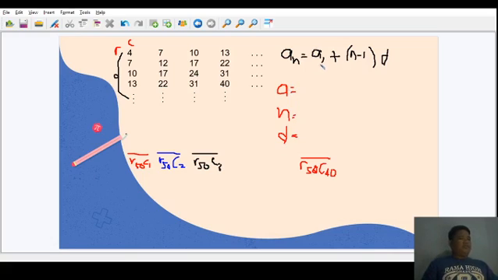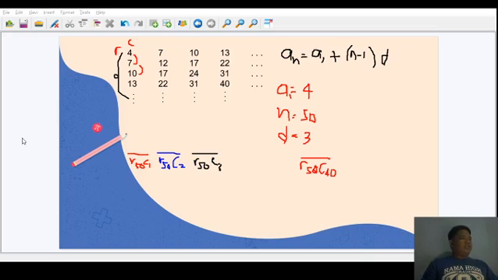So a, or the first term, for this particular column 1, a sub 1, that is 4. The n, of course, is 50, because that is the 50th term that we need to get for this column 1. And the difference is, we have here, 7 minus 4, 10 minus 7, that is 3. So kindly take note of these particular values for our a sub 1, n, and d. That is for the 50th term for column 1.